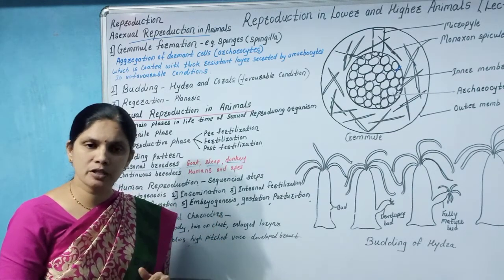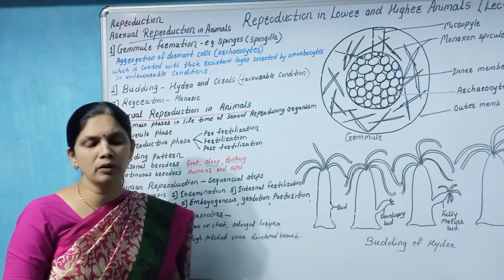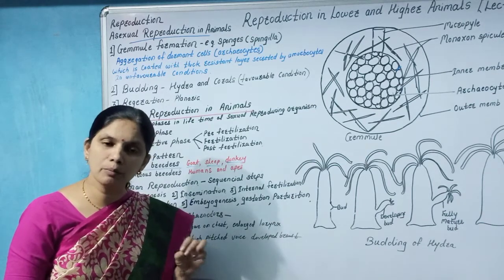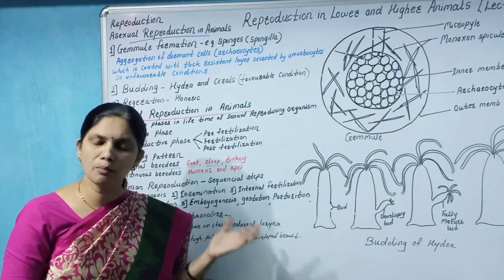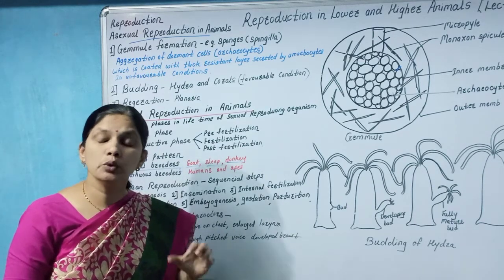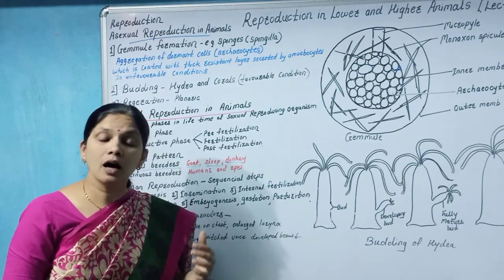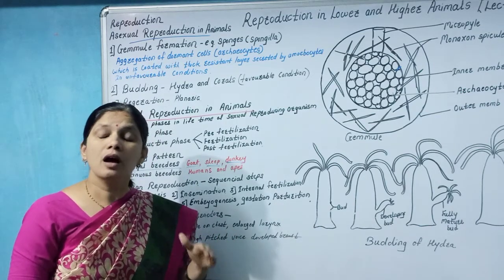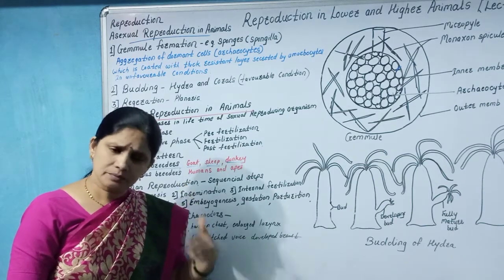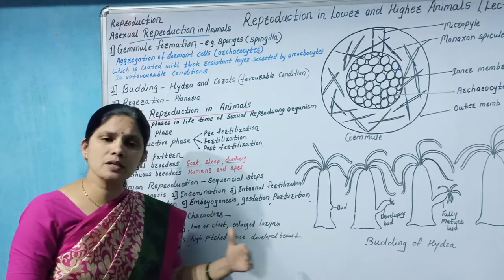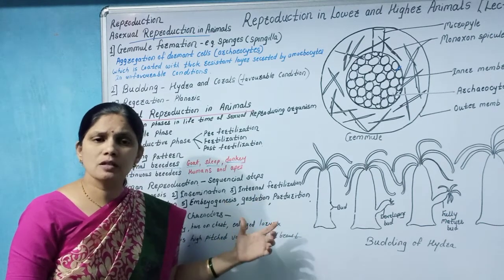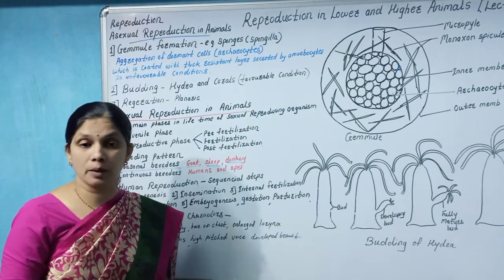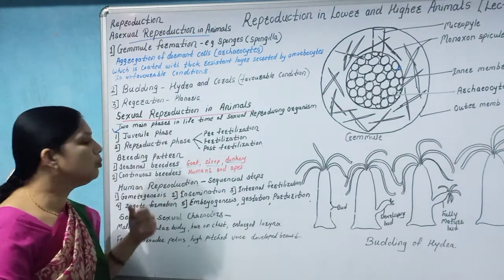How human reproduction takes place, what the different steps of human reproduction are, what the main sex organs are, the male sex organ, the female sex organ, the male reproductive system, the female reproductive system, how fertilization takes place, how embryonic development takes place in the uterus of the mother, and then how the birth process takes place, what the different steps are, all these points we will discuss in this chapter. So here we start human reproduction.